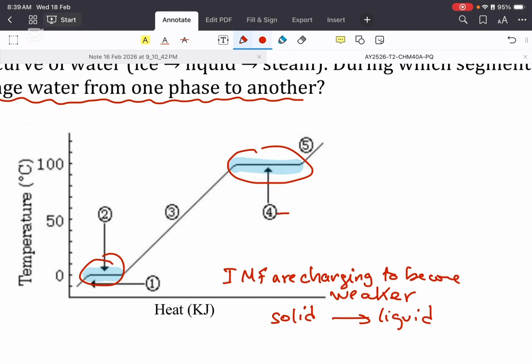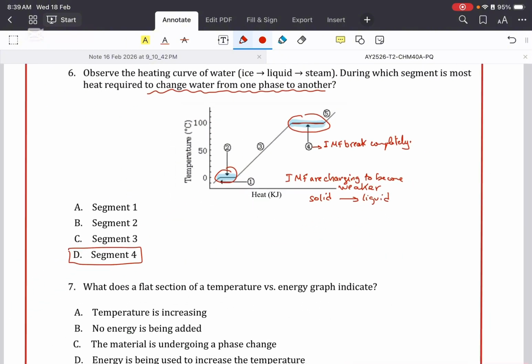But in segment 4, the intermolecular forces need to break completely, because to shift from a liquid to gas, particles need to be free and move randomly in all directions, and at this point the intermolecular forces are almost negligible. So that's why it requires more kinetic energy to break all of the intermolecular forces.